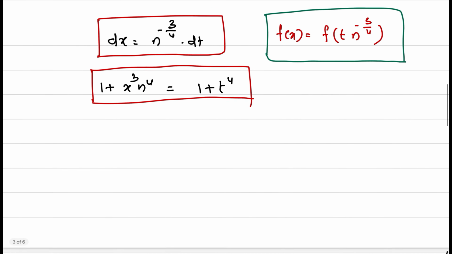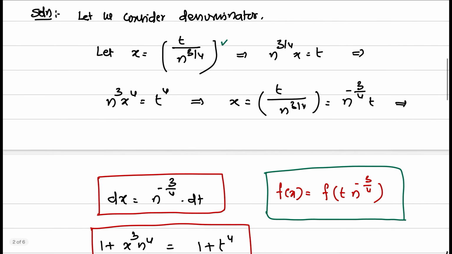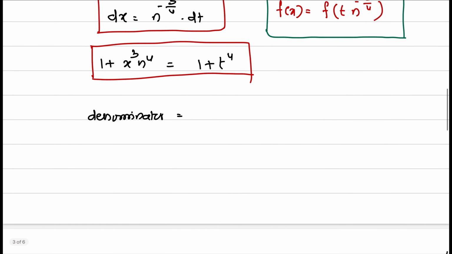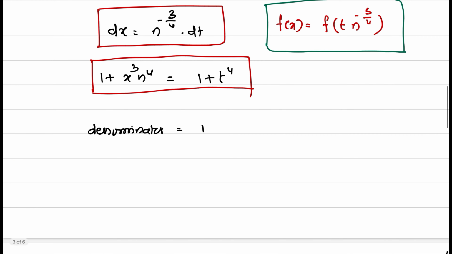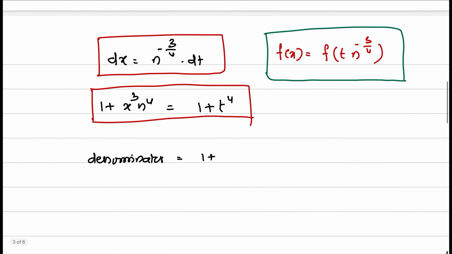Now, we have to simplify the limits also. Now let us concentrate on the limits. What is the denominator? The denominator is equal to 1 plus n cube into x to the power of 4.